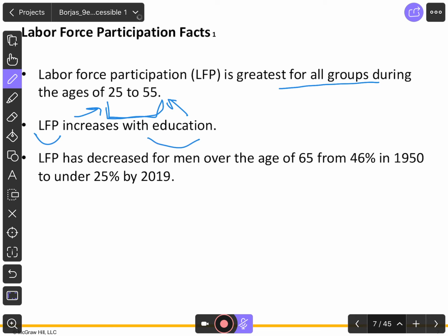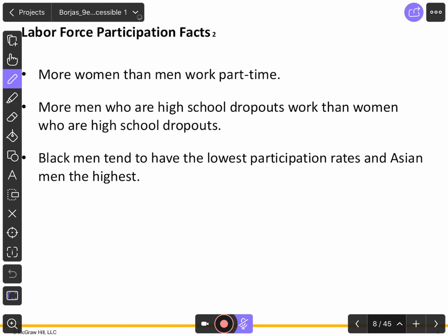Another important fact is that the labor force participation decreased for men over the age 65 from 46% in 1950 all the way to 25%. So those who are above that age, their participation rate has decreased over time. They used to stay longer on the market, but now they started to retire relatively earlier. And again, all these statistics you can go ahead and check.